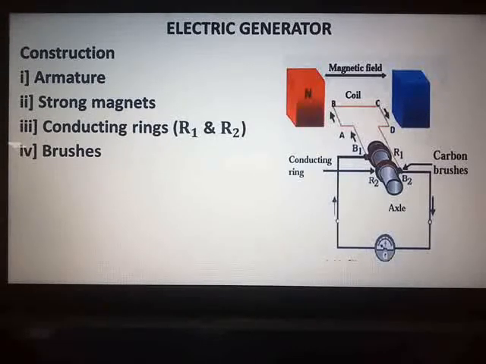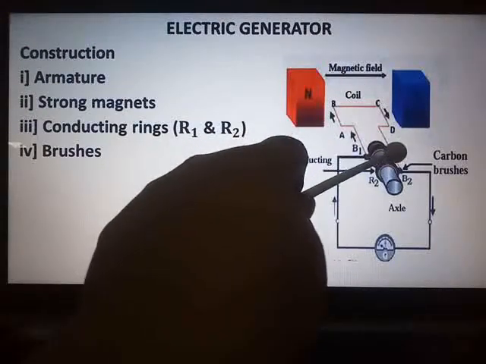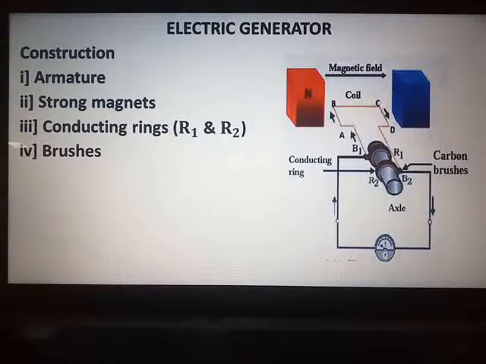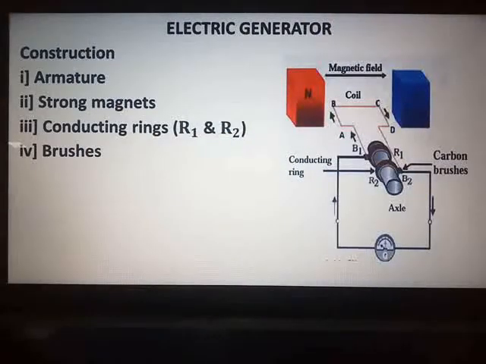The main difference here is the conducting rings. In the case of the motor, 1 ring was split into 2 halves, whereas for the electric AC generator you can see 2 conducting rings, that is R1 and R2. Clearly you can see both the rings. Then brushes, carbon brushes, B1 and B2, are also the same as in the electric motor.